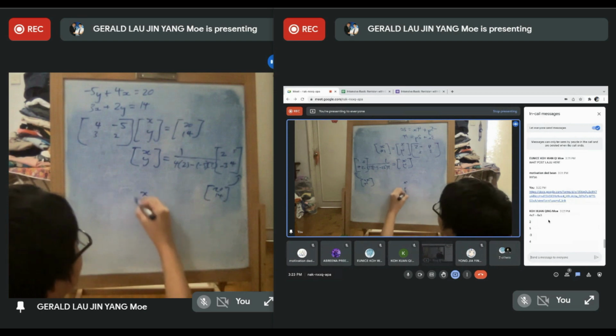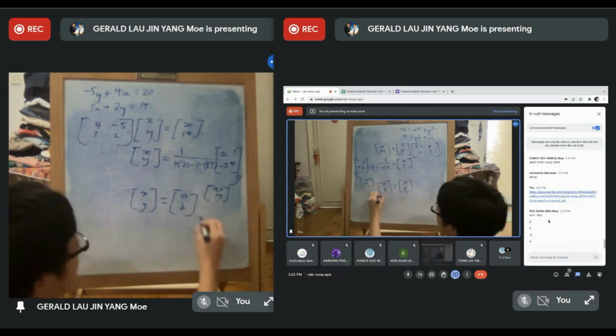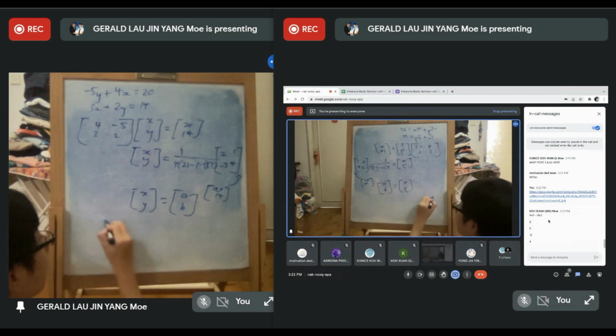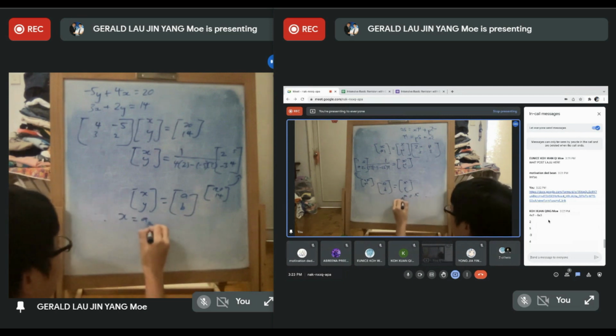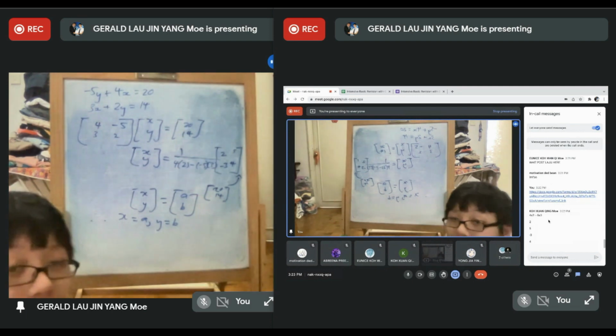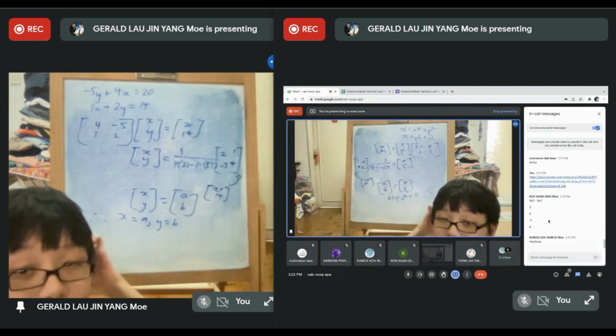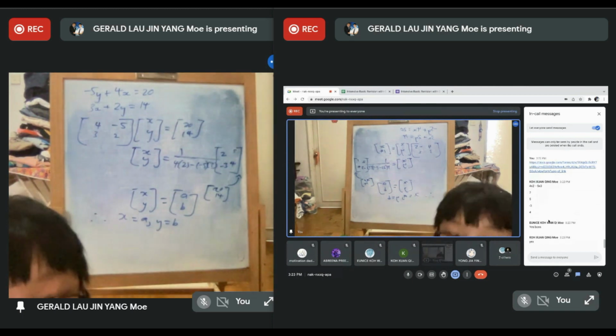Okay, solve already. Let's see, you get the answer A, B. Do not stop here. Answer X equals A, Y equals B. Finish. Understand? This is how you solve using the matrix method. Can you understand? Good.